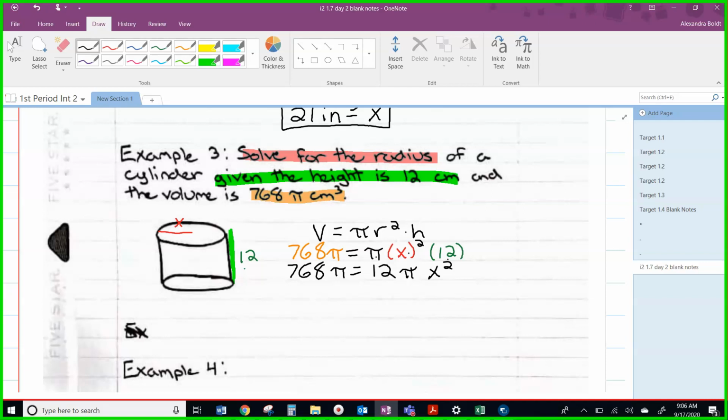So now we're solving for our x squared here, right? So we're solving for x actually. We have our x there. We need to get rid of our 12 pi. So I'll divide both sides by 12 pi.